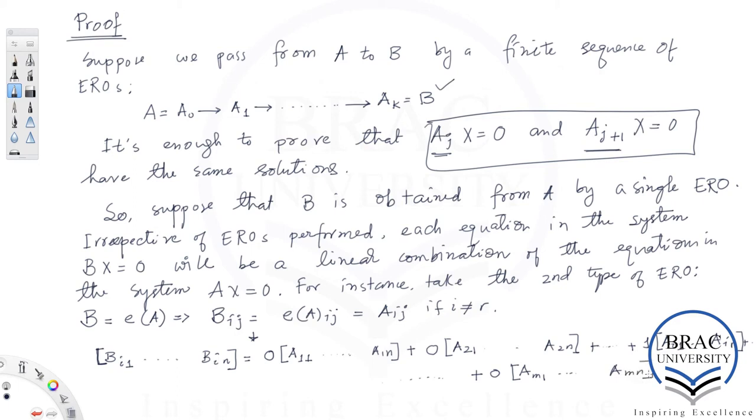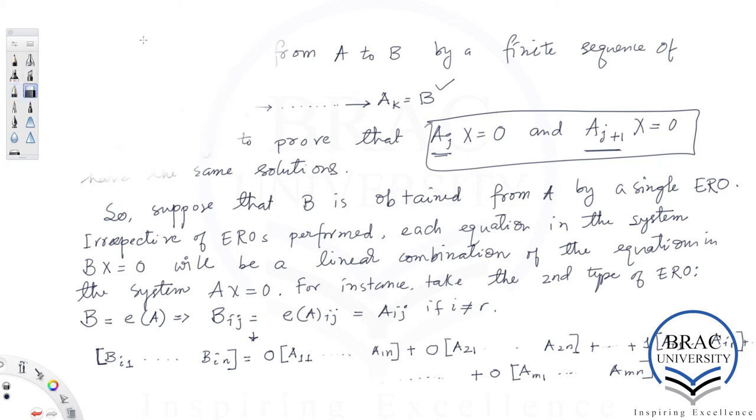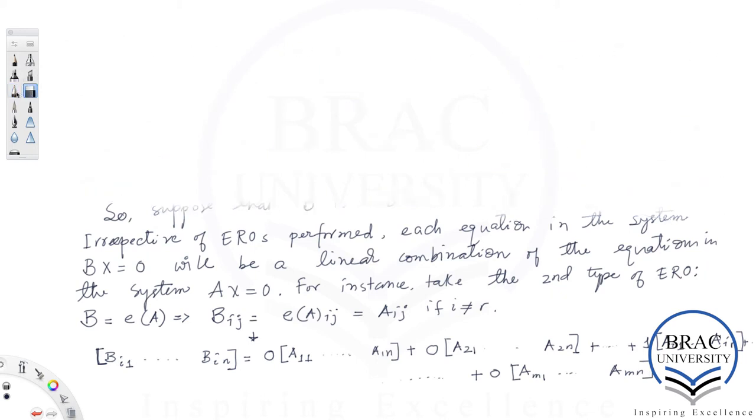Okay, so this is how you write the ith row of B as a linear combination of the various rows of A, whenever i is not equal to r. Now let me erase this top part to create some room.